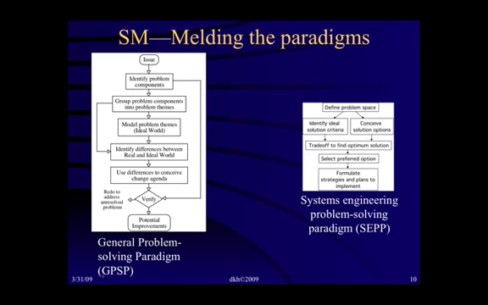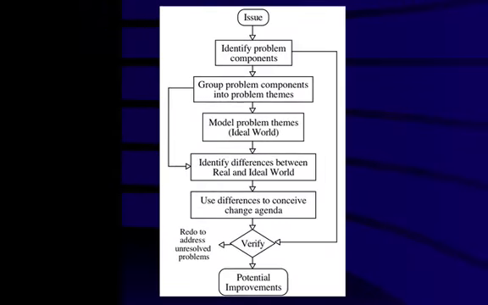Now, in order to create a system, we have to look at some paradigms. On the left we have the general problem-solving paradigm, which, as you can see, goes from issue at the top to what they call potential improvements at the bottom. And the idea is that you use the problem components to create an ideal world. You compare the ideal world with the real world that you have and use the difference between the two as an agenda for change.